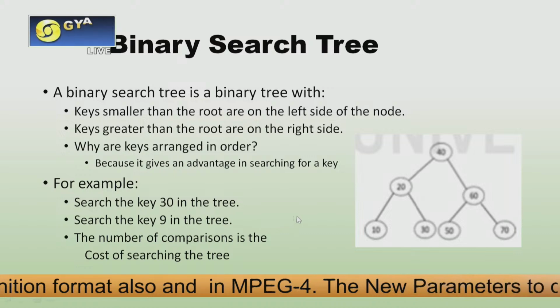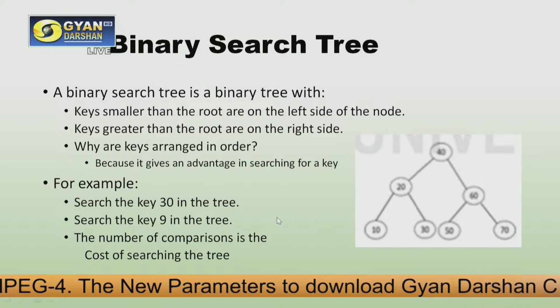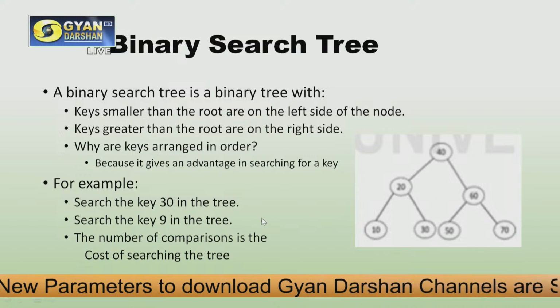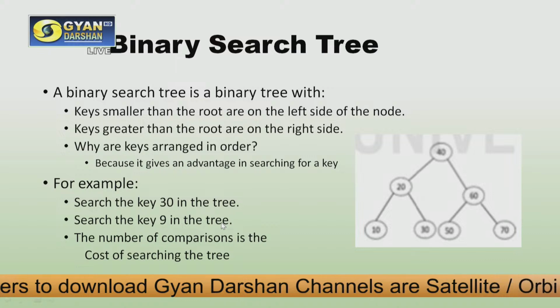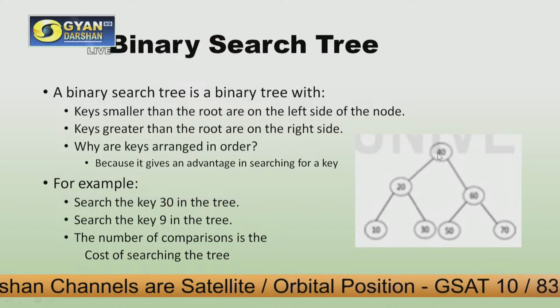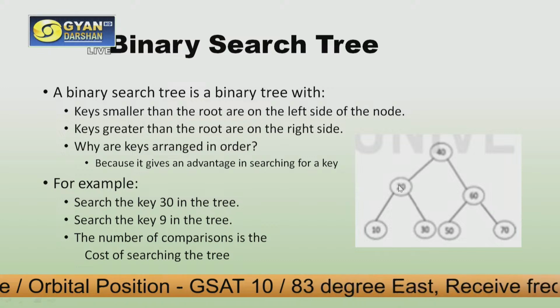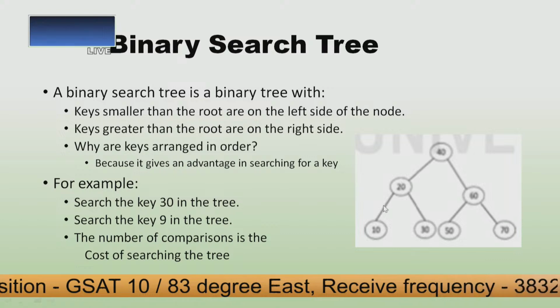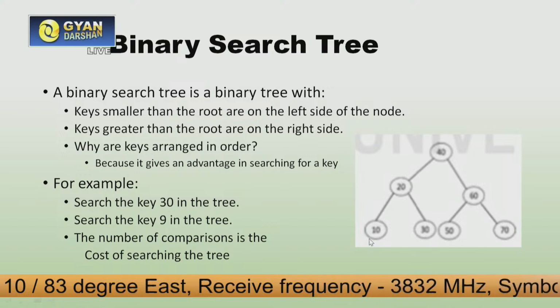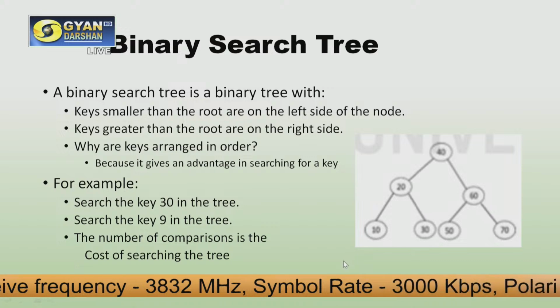Now, another key value which we may search for is, let's say, the value 9 in this tree. 9 is less than 40, so we move to the left subtree, we reach 20, then we compare with 10. Once again, 9 should be to the left of it.